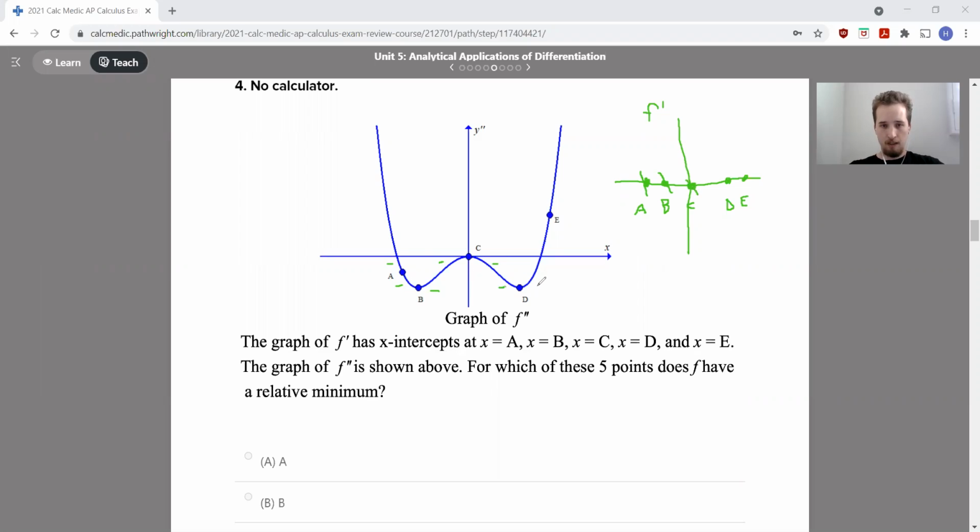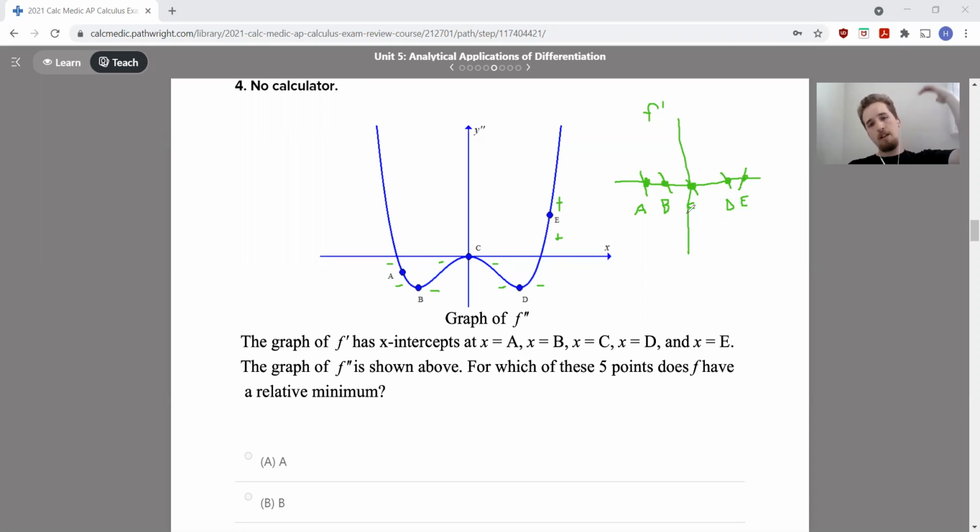Both sides of D, this whole part of the graph is negative, and so all the slopes under here are negative. But for part E, well, it's above the x-axis, so on both sides of E is a positive slope.